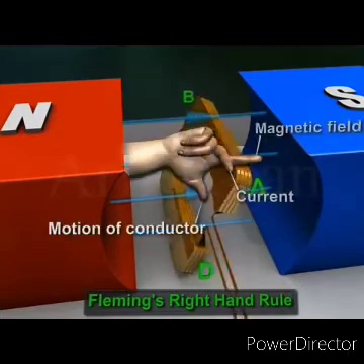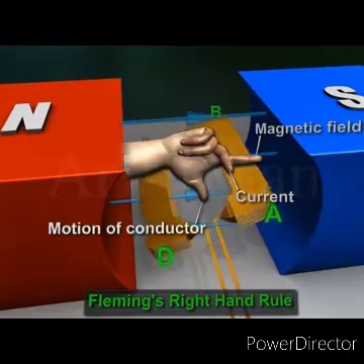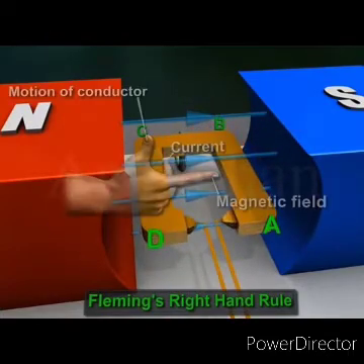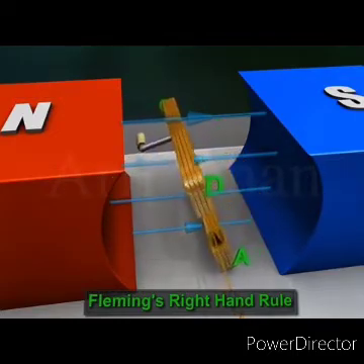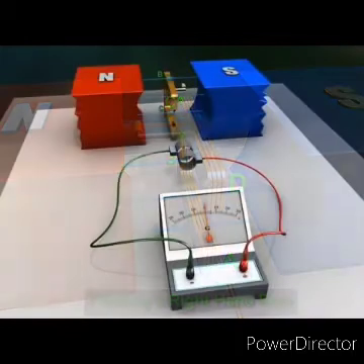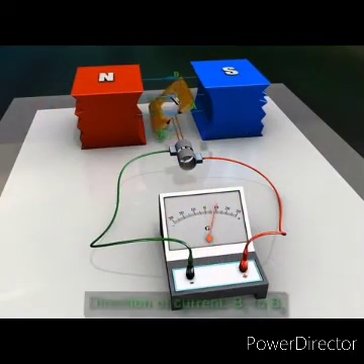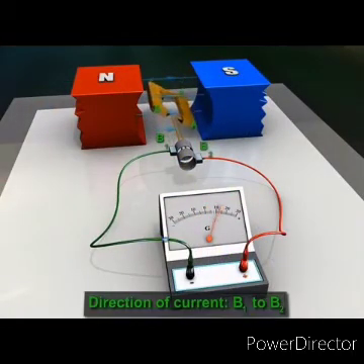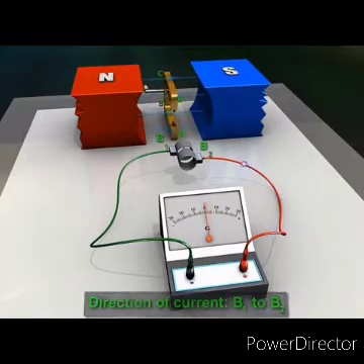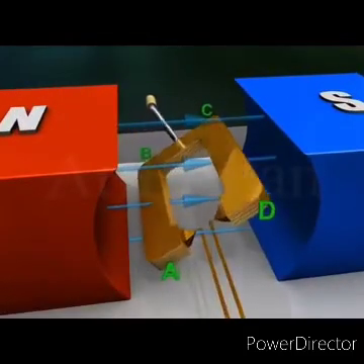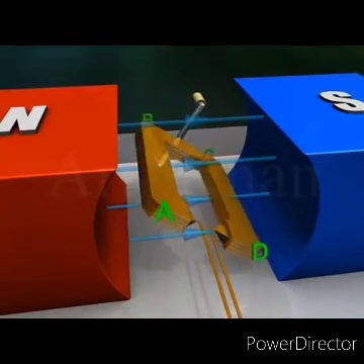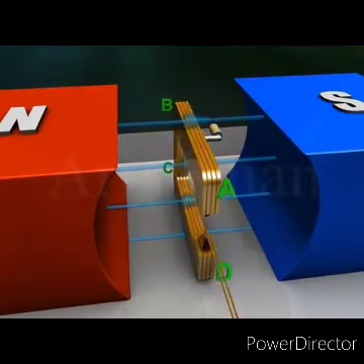According to Fleming's right-hand rule, the current will flow in the direction DCBA. So, the current will flow from B1 to B2 through the galvanometer. Now during the next half rotation, arm AB moves up while arm CD moves down.